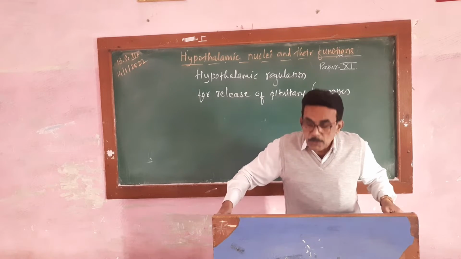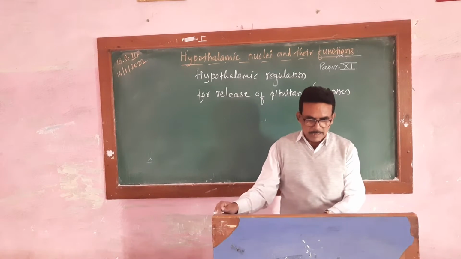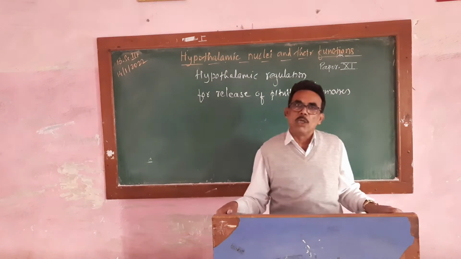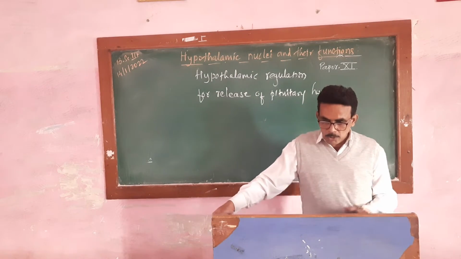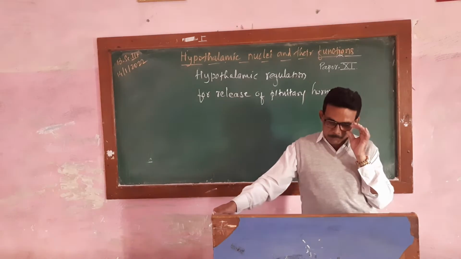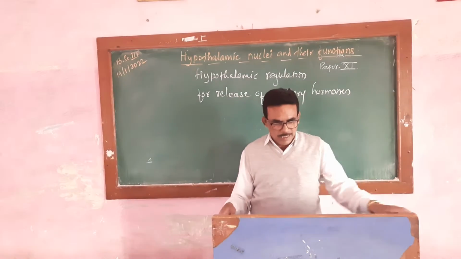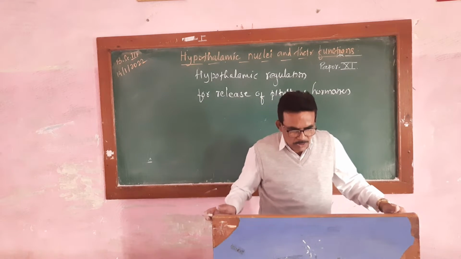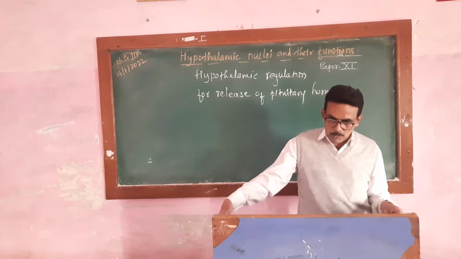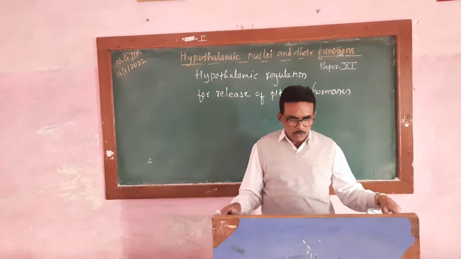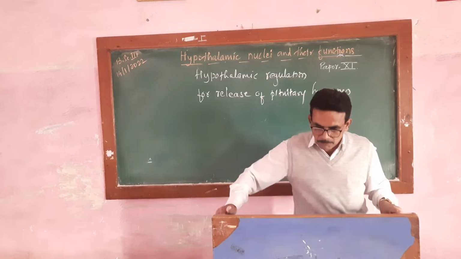Physiologically the pituitary gland has two parts, that is adenohypophysis or anterior lobe and neurohypophysis or posterior lobe. So this adenohypophysis is a highly vascular organ which secretes 6 types of different hormones, and it plays an important role to control the various metabolic activities of the body.